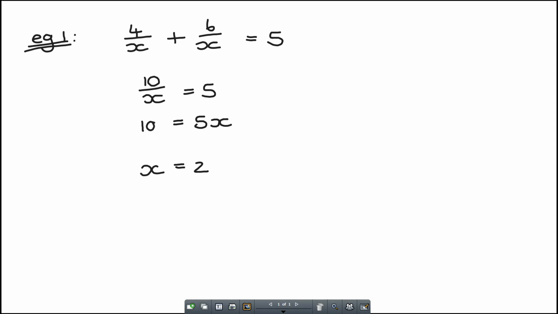Let's do one that's a... The x is on top and the x in the fourth is on top. Are we still doing the same? Yeah, we use the same method.